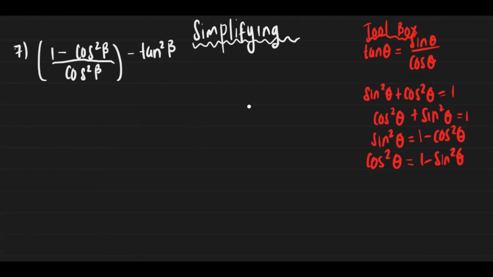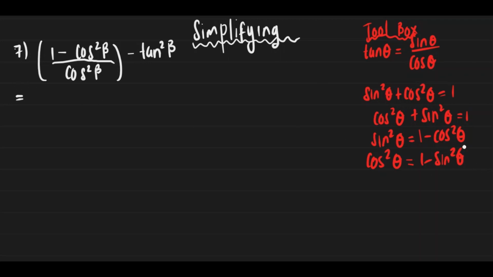So now let's move on to the last question under simplifying. We have open bracket 1 minus cos squared beta divided by cos squared beta, close bracket, minus tan squared beta. So the easiest way is to change this one. So let's do that. If we change that one, 1 minus cos squared beta is going to give us sine squared beta.